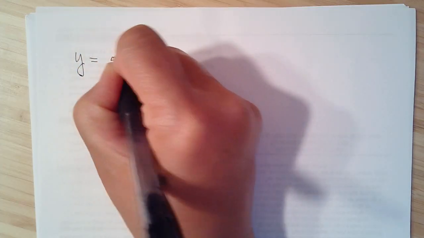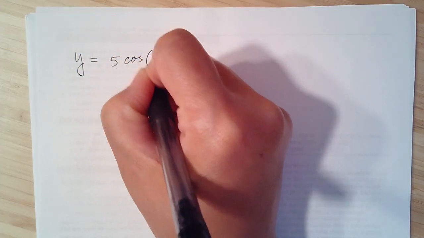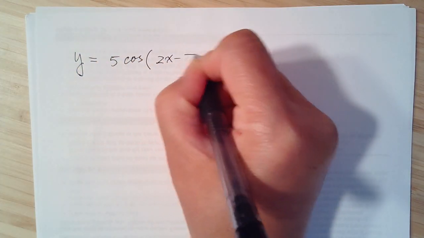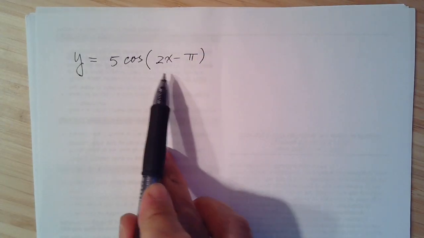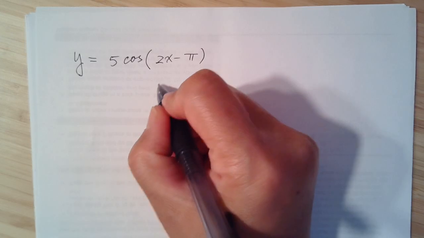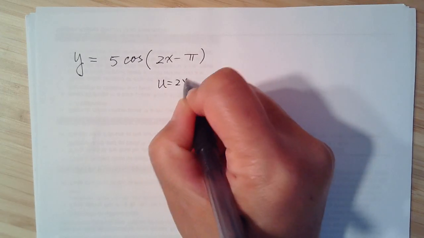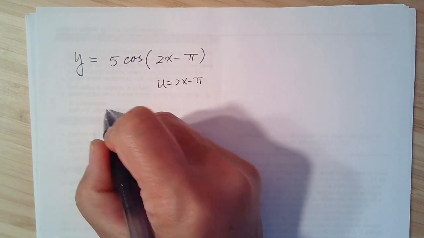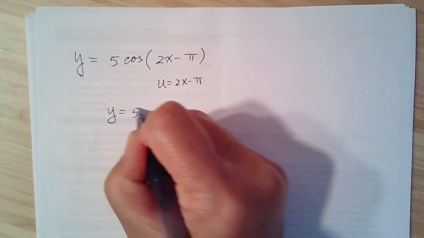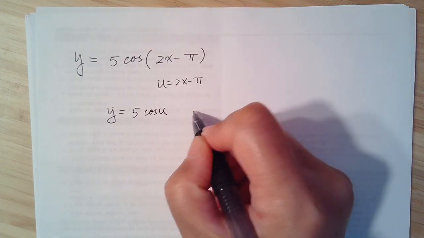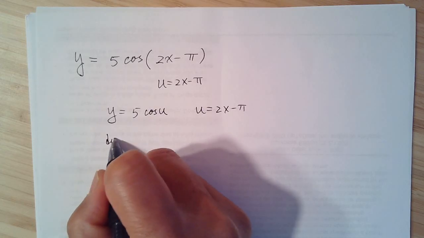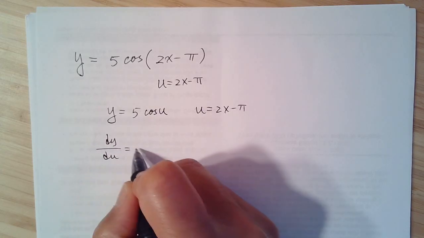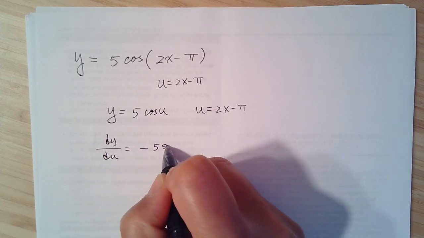Is y equals 5 cosine of 2x minus pi. So you know what is u, right? So u is 2x minus pi, and so y is 5 cosine u, and u is 2x minus pi. So dy over du, that is negative 5 sine u.